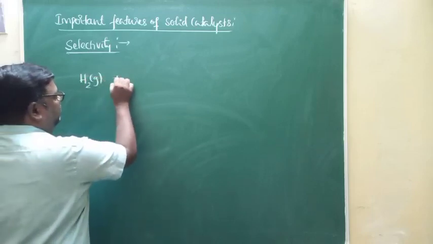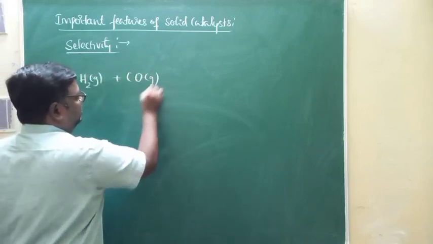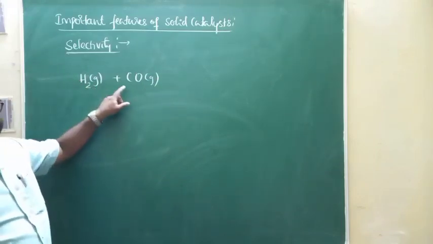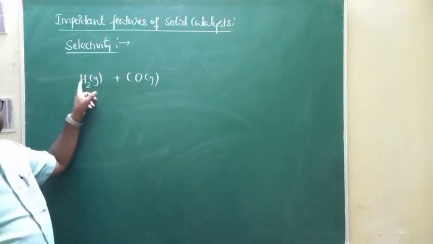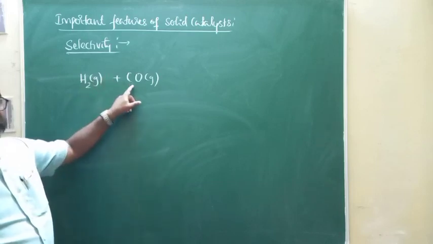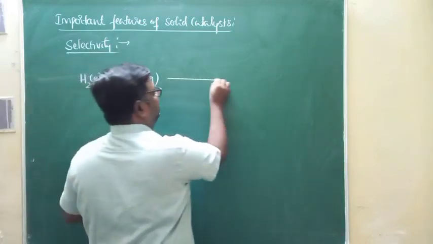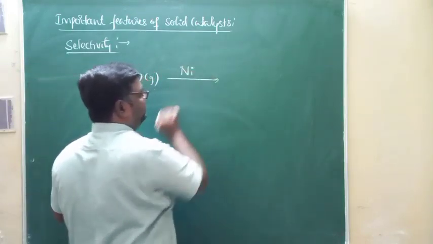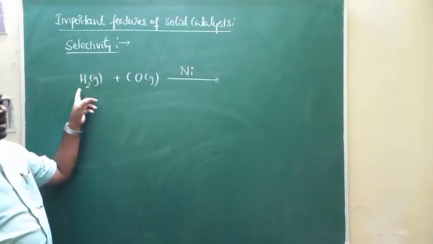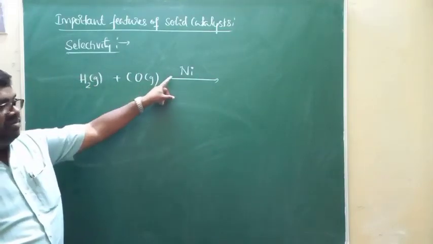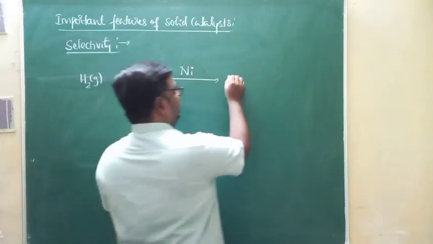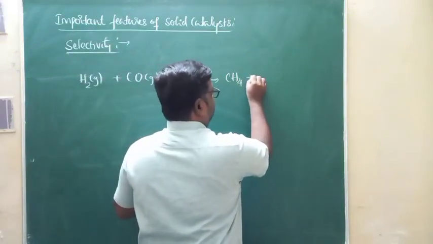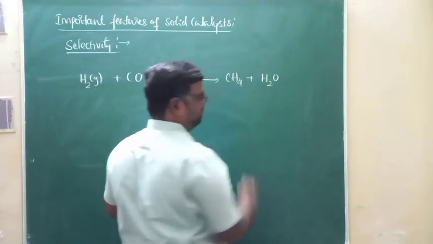For example, if I take the reaction between hydrogen and carbon monoxide gases, and carry out the reaction in presence of a catalyst nickel, you are going to get methane gas along with the formation of water.